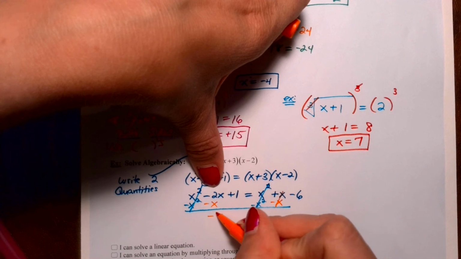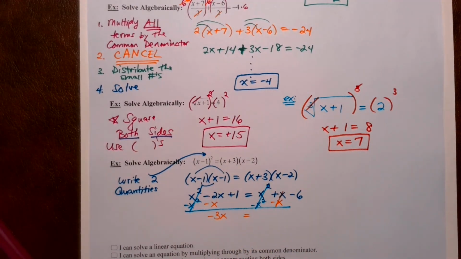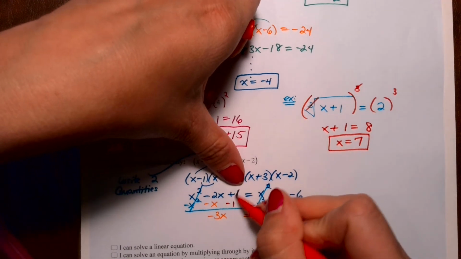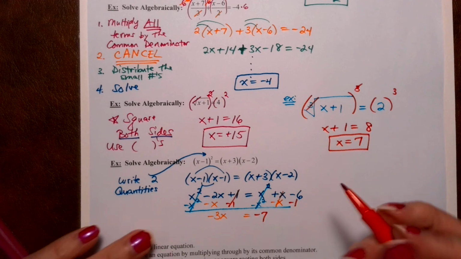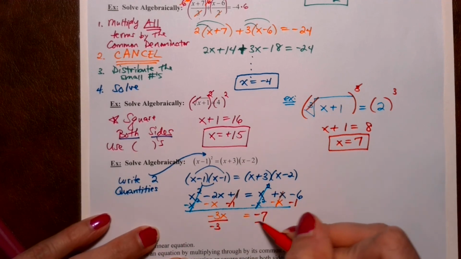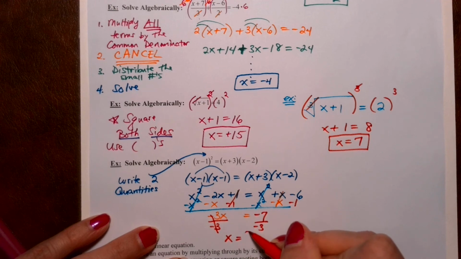That's going to make negative 3x on the left-hand side. Let's go ahead and subtract 1 from both sides. That makes negative 7. Divide both sides by negative 3. A negative divided by negative makes a positive.